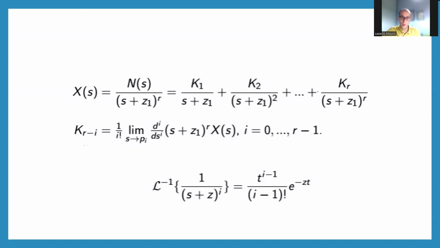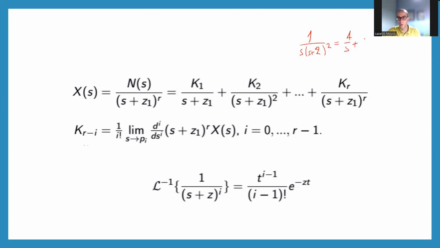So the question here is, what happens when we have zeros that have a higher multiplicity? For example, let's say we have 1 over s times (s plus 2) squared or something like that. And what happens in this situation? How are we going to break down this fraction?